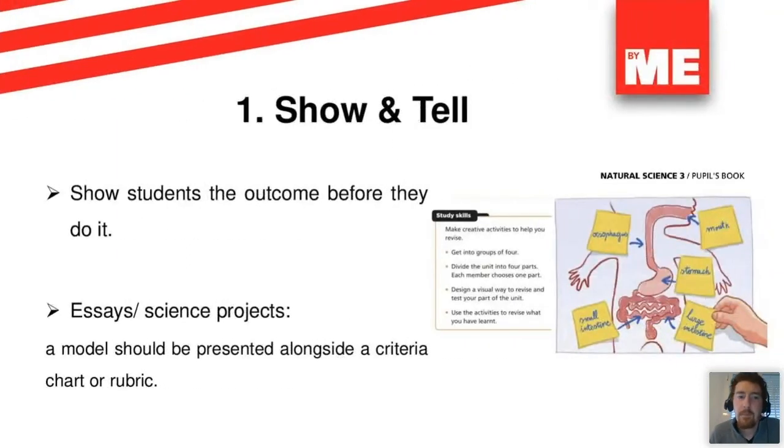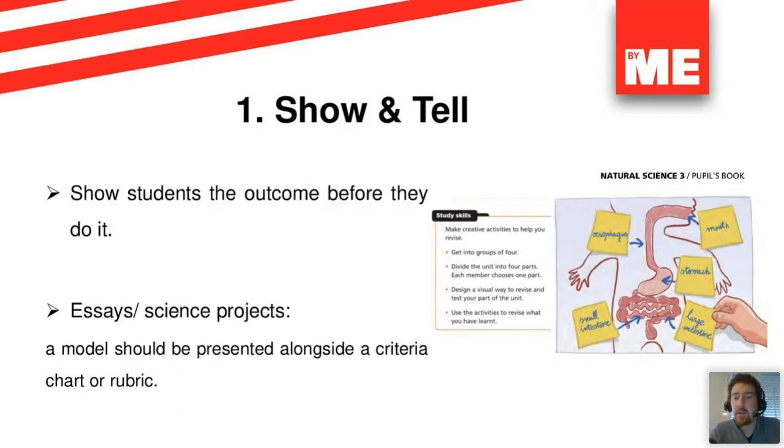So if we show the students the outcome before they do it, we can take this as an example, okay? We take this from the By Me Natural Science Pupils book. And here we've got a poster of the digestive system labeled with key vocabulary from the lesson. Now, let's assume we want our students to complete a diagram or a project like this to reinforce their learning from a Friday's lesson, and we want them to do this over the weekend, for example.